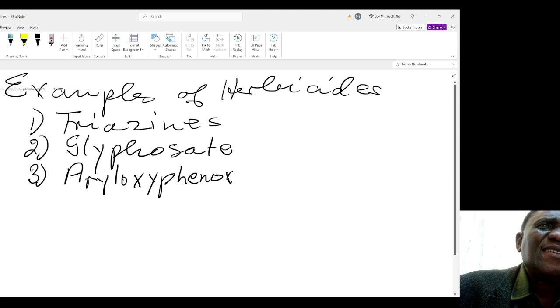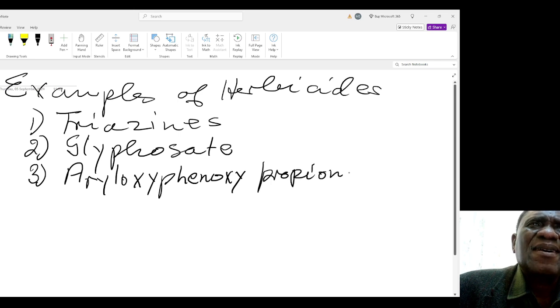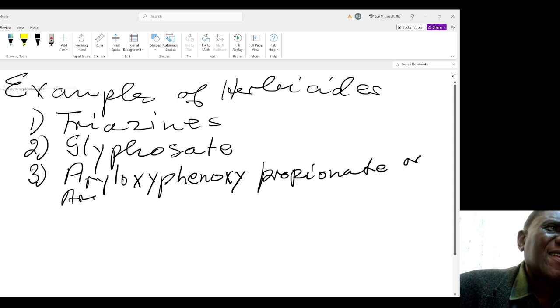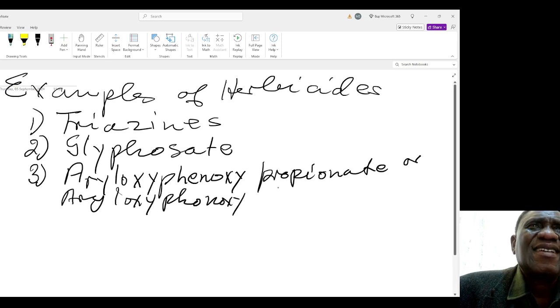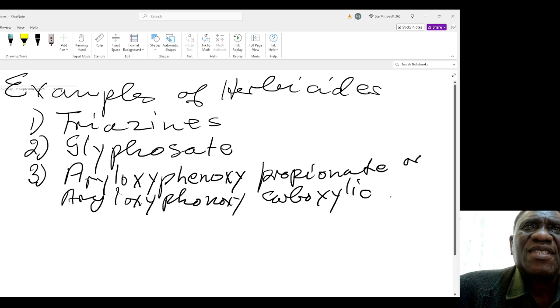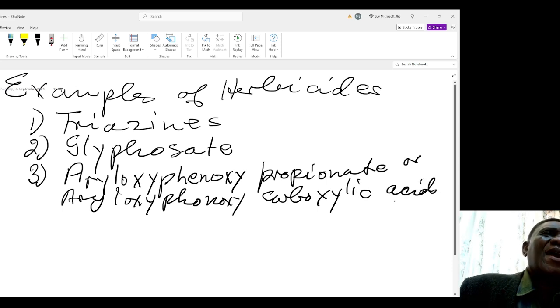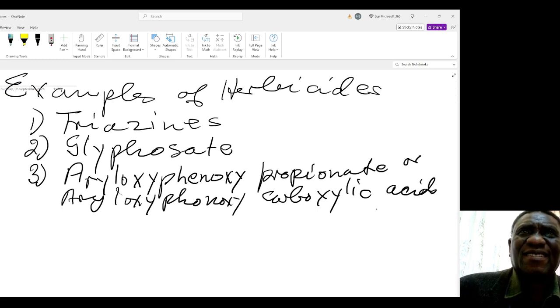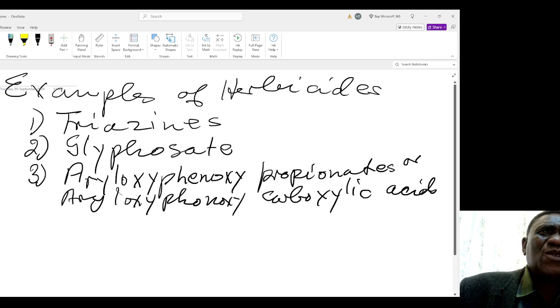Then we have what is called phenoxy propionates or phenoxy carboxylic acids, phenoxypropionates or phenoxycarboxylic acids.